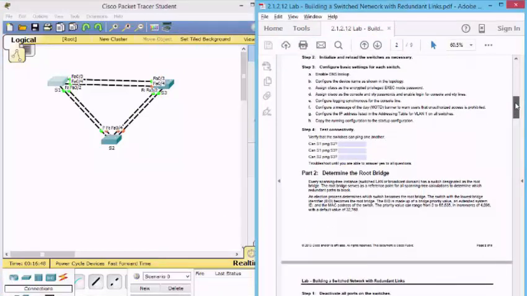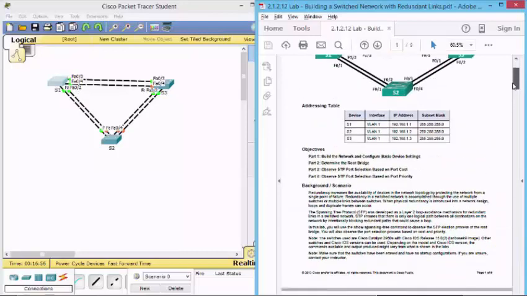Now, test the connectivity. We know that VLAN 1 exists on every switch by default. All the ports are assigned to VLAN 1 for switch 1, for switch 2, and for switch 3.